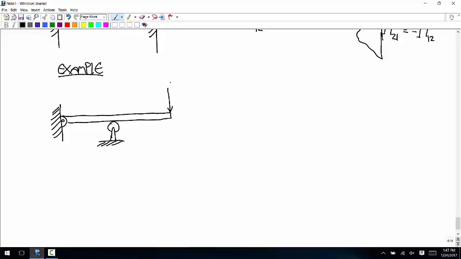And a downward force of 1,000 newtons here. And let's say the mass of this bar is 50 kilograms. Let's say that's half a meter, and that's half a meter. We want to know what are the reactions at those two joints.